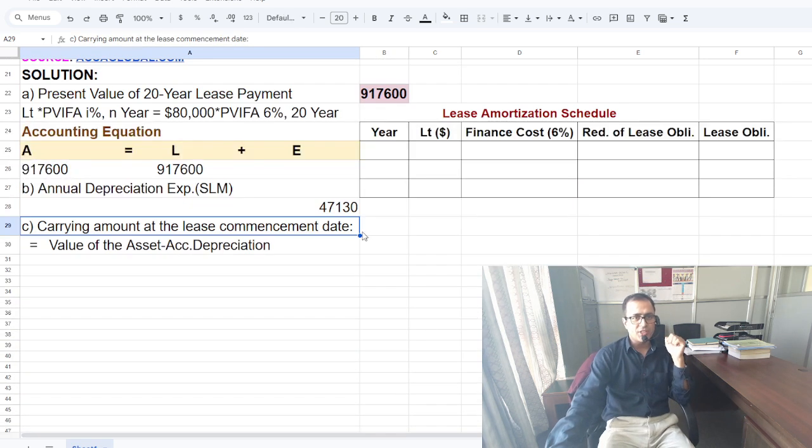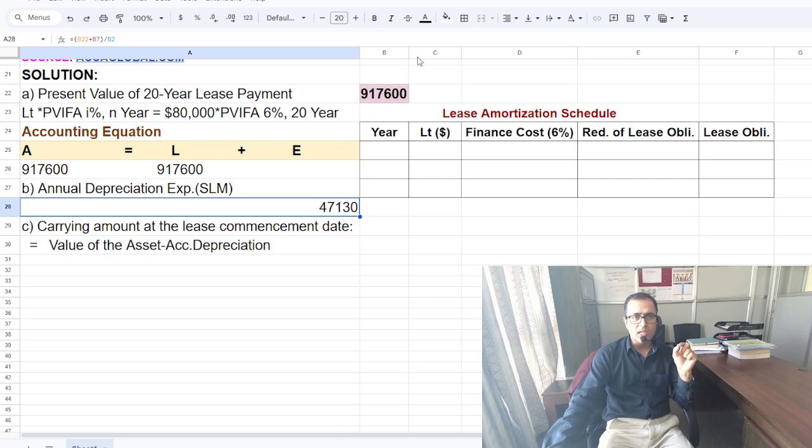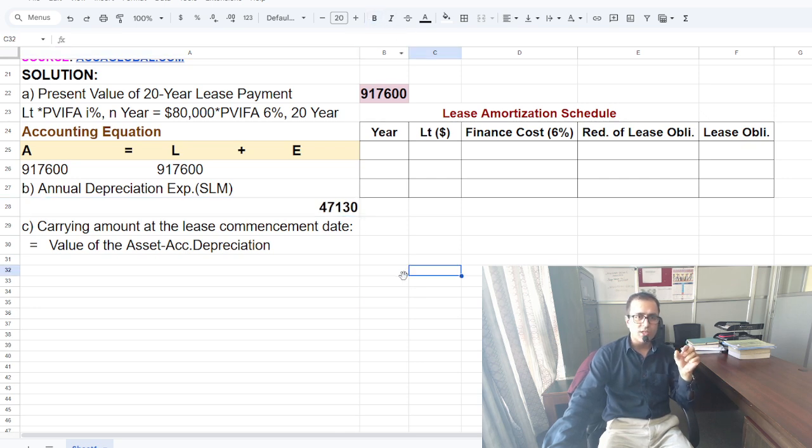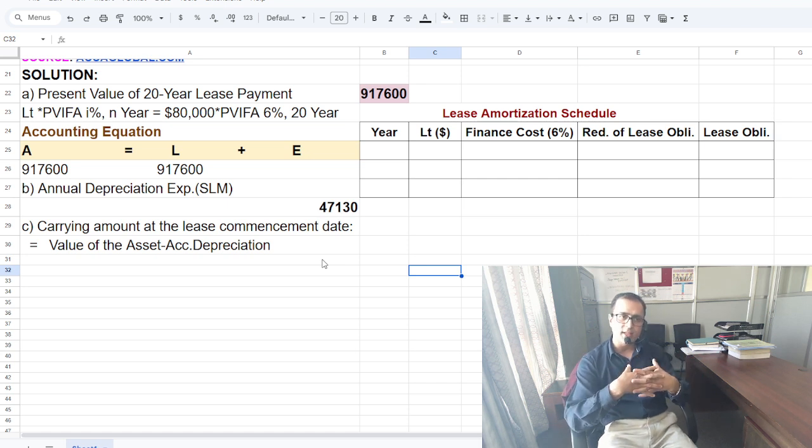That means your depreciation is 47,130. When you record the journal entry, you debit the depreciation expense account and credit the accumulated depreciation account.